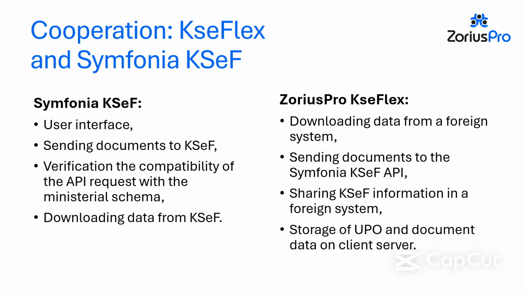KSeFlex works with Symfonia KSeF. Symfonia KSeF is a web-based application. It has its own user interface in which you can verify, among other things, the document's own number, type, net amount, VAT, gross amount, name and NIP of the recipient and sender, date of issue in KSeF, and KSeF number.